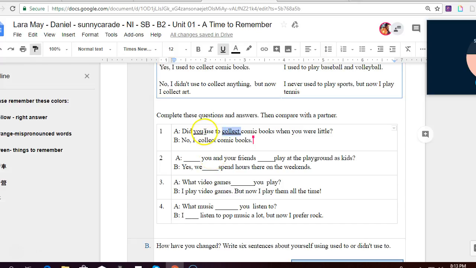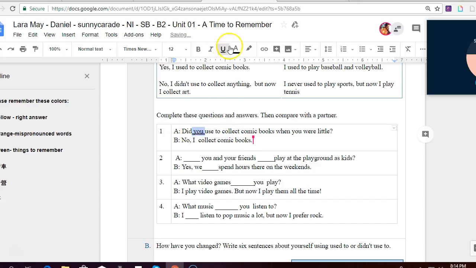No. Before the verb. Okay, it's okay. Before the word collect, what would be the word? Used to. Good. Just always remember those words, okay?